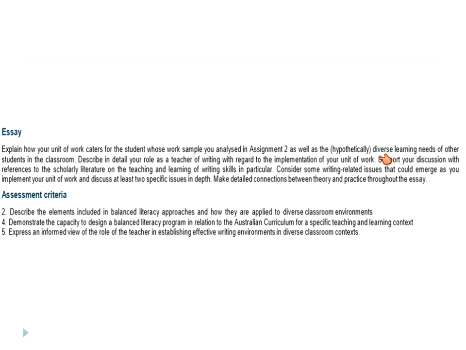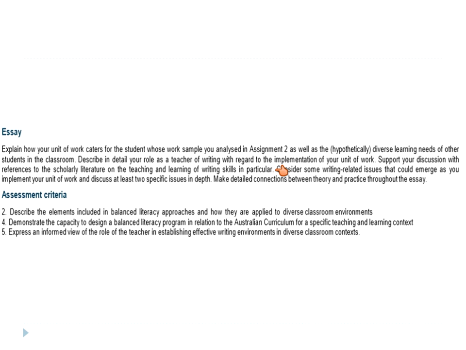Support your discussion with references to the scholarly literature on the teaching and learning of writing skills in particular. So let's say that you as the teacher are careful to first model the writing task for your students, and then you carefully organise students into pairs or groups, and you give them this particular task.